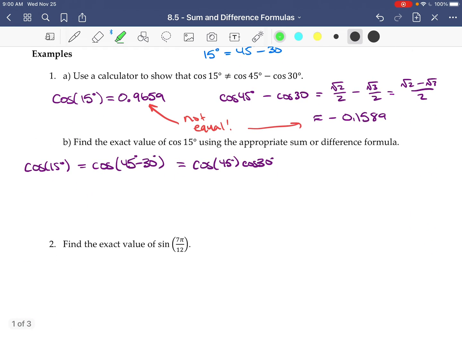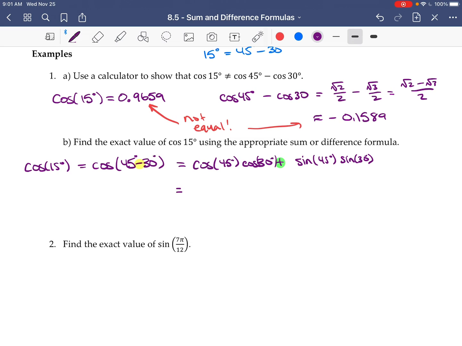My sign here is a minus, so my sign in between them is going to be a plus. And then it's going to be sine of 45 times sine of 30.